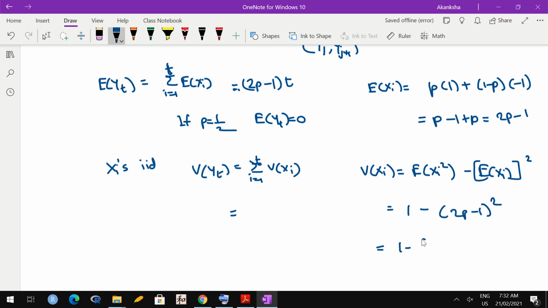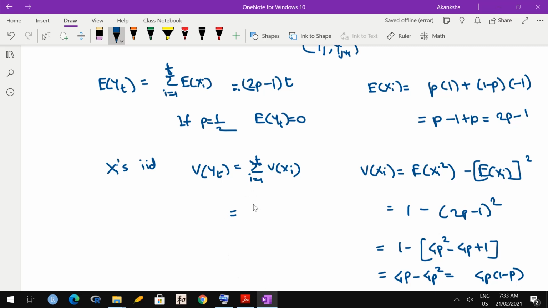So this is 1 minus (4p square minus 4p plus 1). So 1 gets cancelled and I am left with 4p minus 4p square, so 4p into (1 minus p). If p is equal to half, it becomes 1.